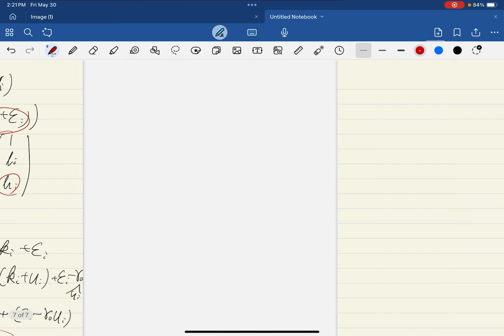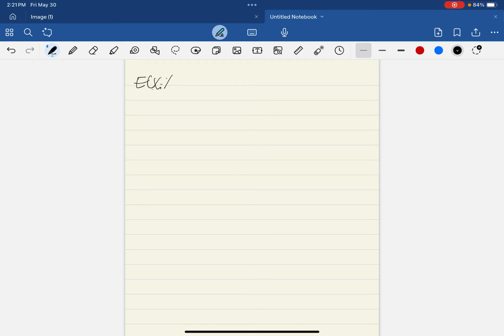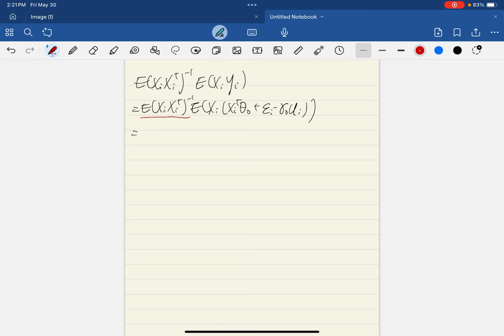Another page. Then, again, we are looking at this, and we just saw that y is x_i transpose theta 0 plus epsilon minus gamma 0 u_i. And then, as you see, this will be cancelled out with this.